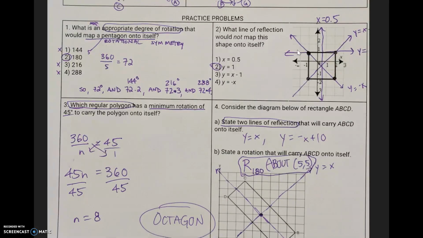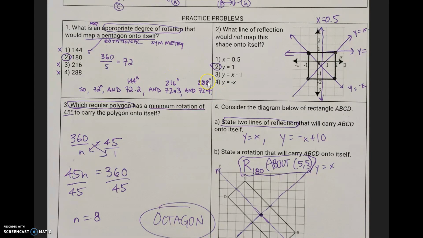If we're looking at the first problem, it's asking what is not an appropriate degree of rotation that would map a pentagon onto itself. 360 divided by 5 is going to give you 72. That's the rotational symmetry formula. Now, 72 degrees is how much you can rotate the pentagon once. You can rotate the pentagon twice to get 72 times 2, which is 144. You can rotate it 3 times, which is 216, and 4 times, which is 288.